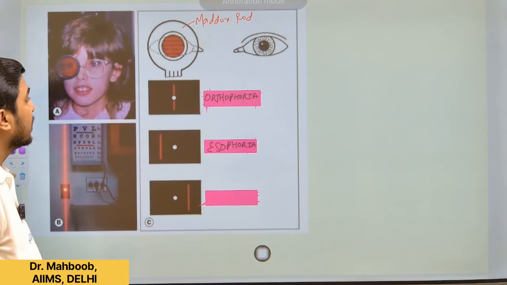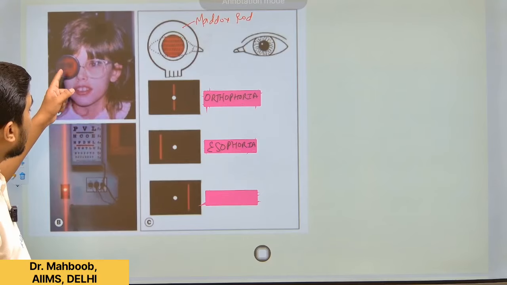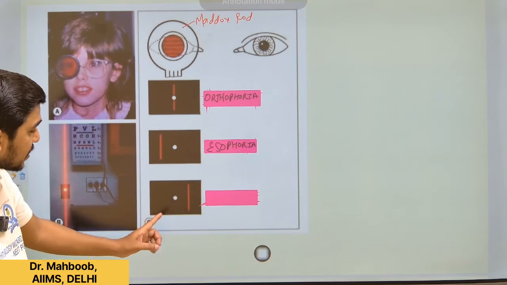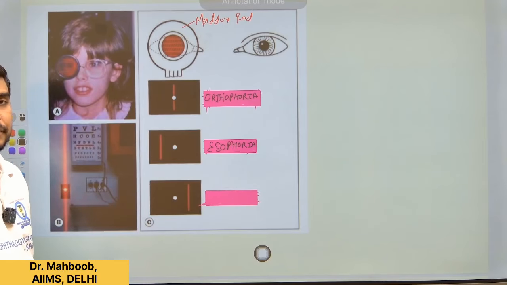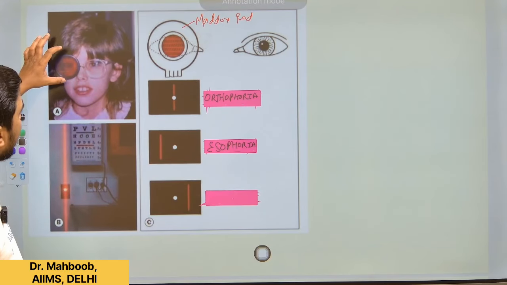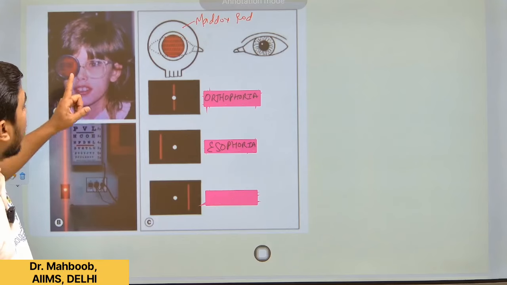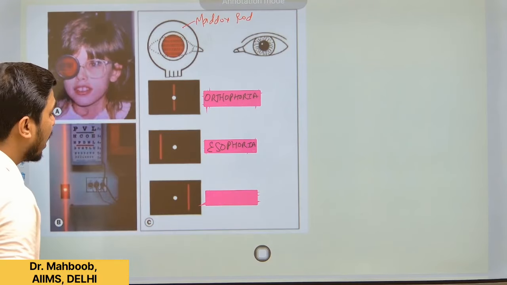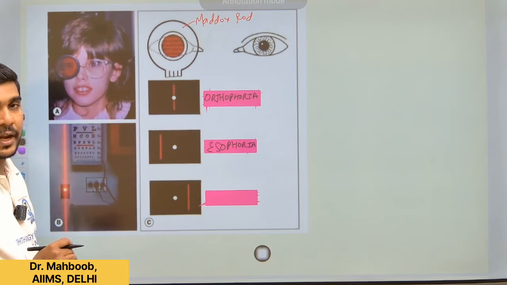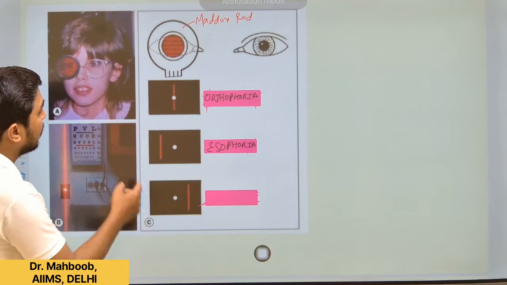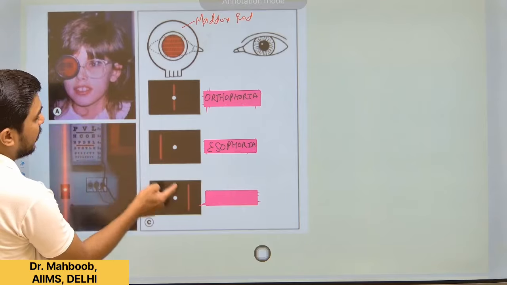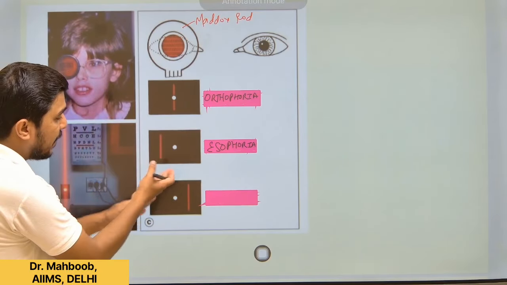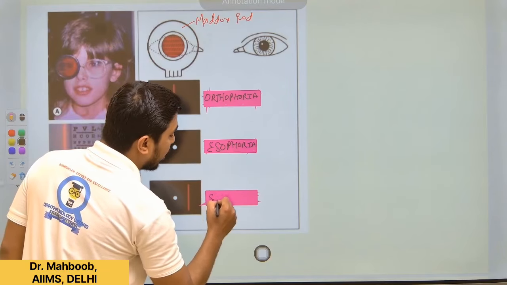Similarly, if the red line is on the left side, the patient is having a Maddox rod on the right eye, but this red line is on the left side and the dot is on the right side. So there is a crossing. If the image is crossed, it is exophoria.